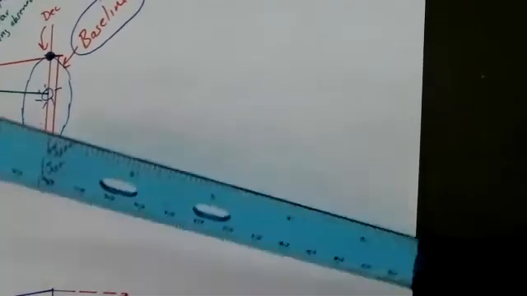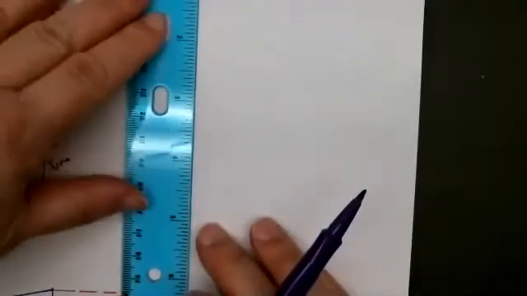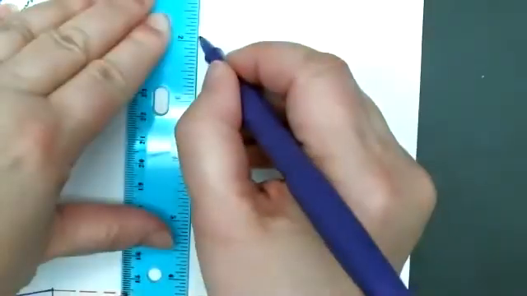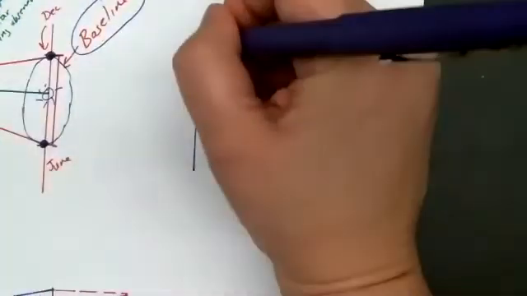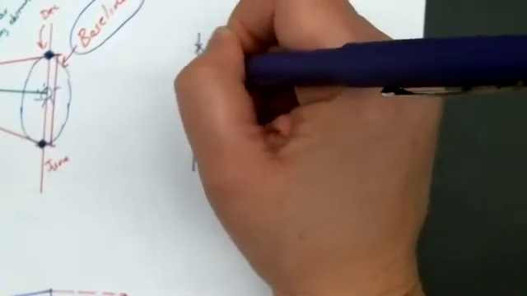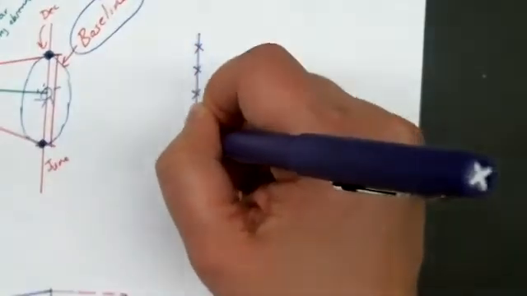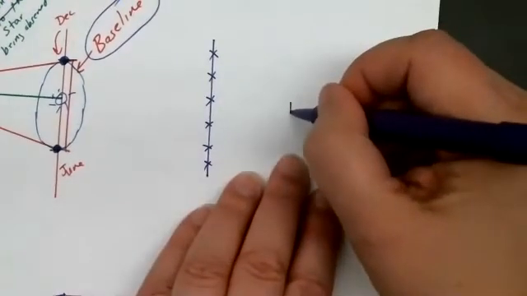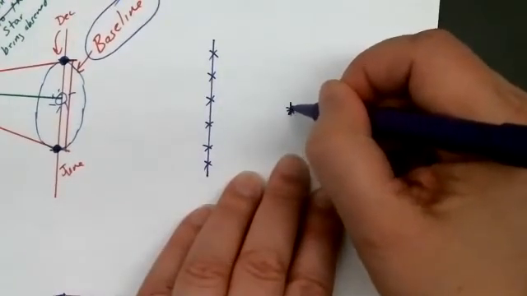All right, you're going to make a starting diagram again. I'm going to use purple like I did before. So there's my background of stars. Here's the star I'm going to observe.